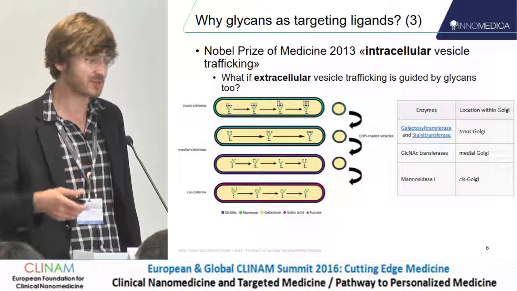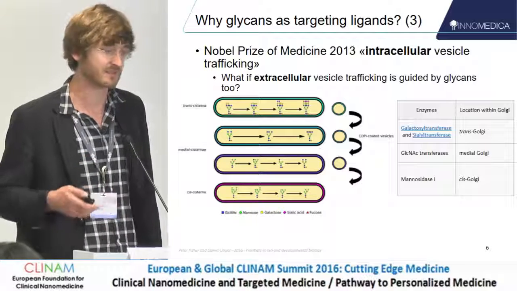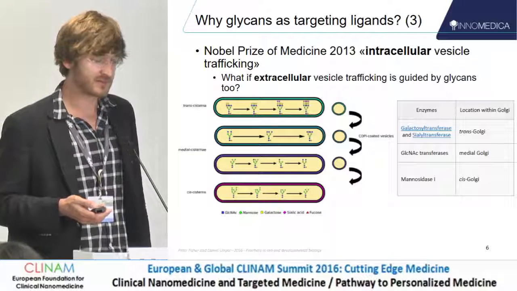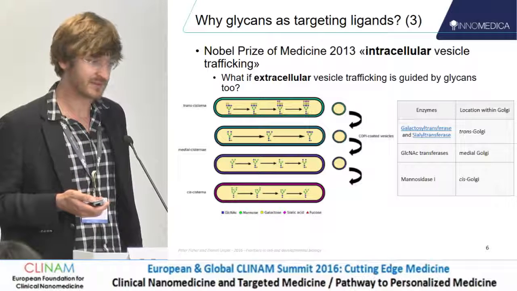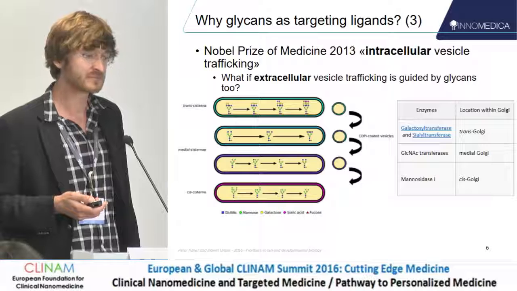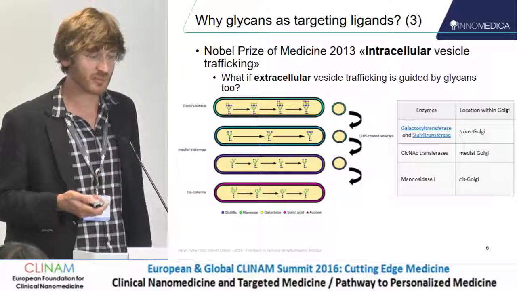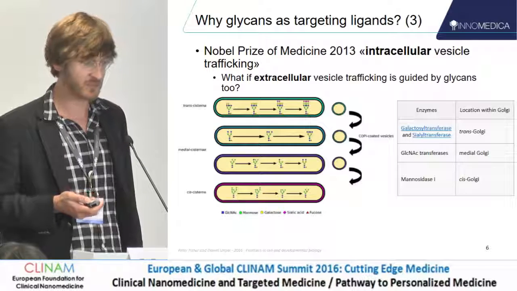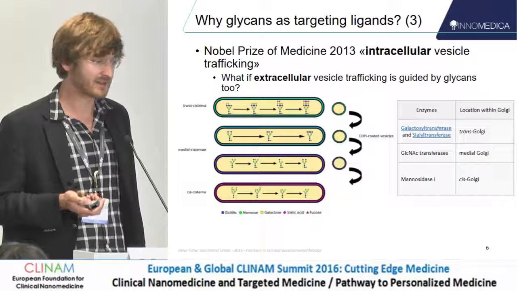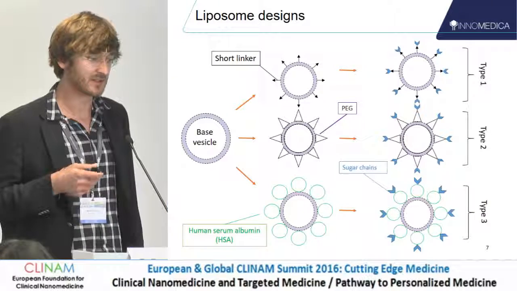And this has an influence on the localization of the particle itself inside of the cell. And what we have been asking ourselves is what actually if also extracellular vesicle trafficking is at least to some part guided by glycans could be. There were already a couple of papers available, but not that many.